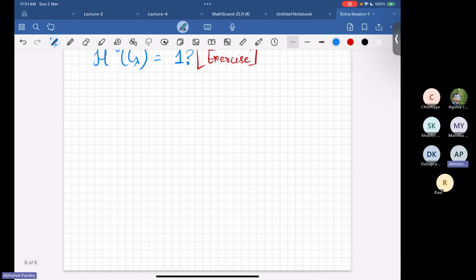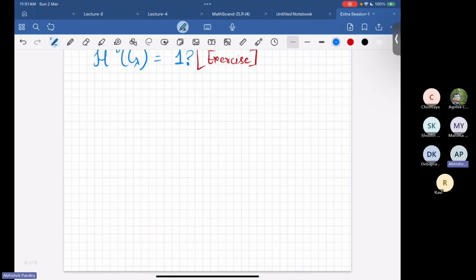Basically, this also reflects in a nicer way the size of C lambda. By nicer, I mean in a natural way.